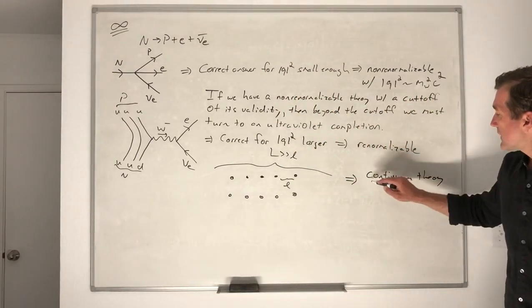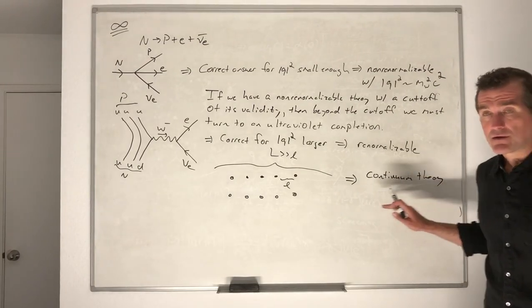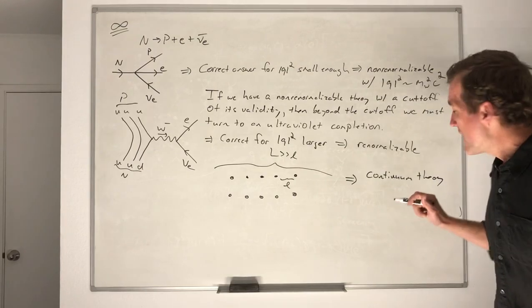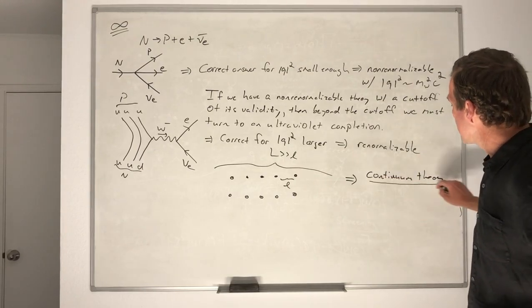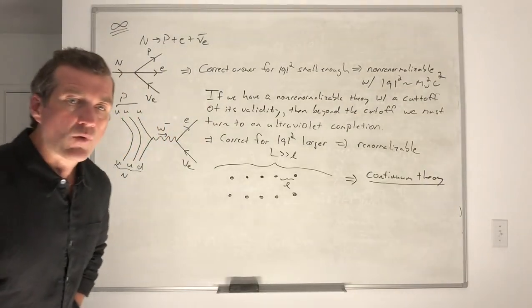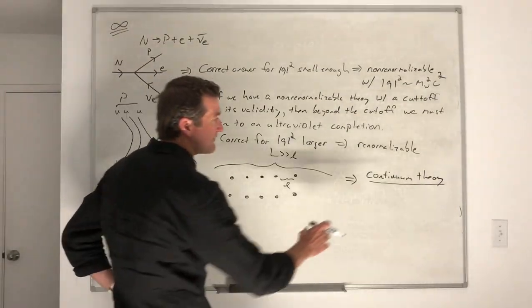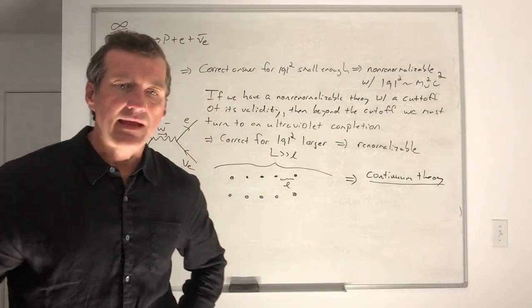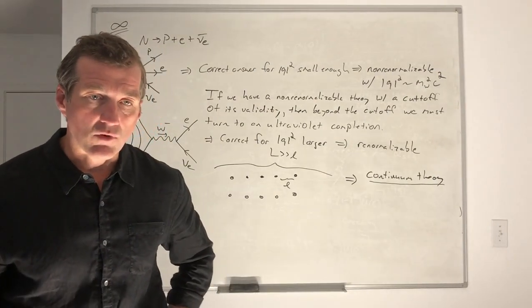So we can have a continuum theory description of a discrete system, but what you will find is that this continuum theory is non-renormalizable, and what emerges from it, if you study it, is the cutoff beyond which you cannot use the continuum approach anymore.